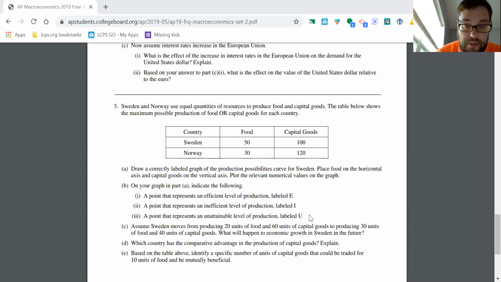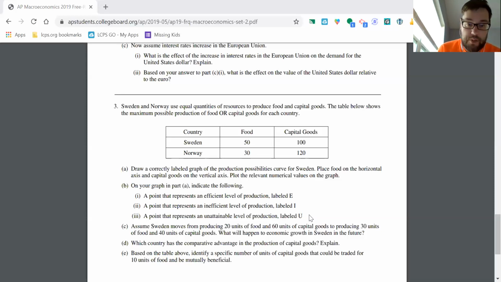And flip that, if they spent all their energy producing only food, the maximum they could produce is 50, right? So that's the trade-off, a line between, and this is your PPC curve for Sweden. You'd approach it the same way if you had to do one for Norway as well. You just use the different numbers that they would be able to produce of each good.